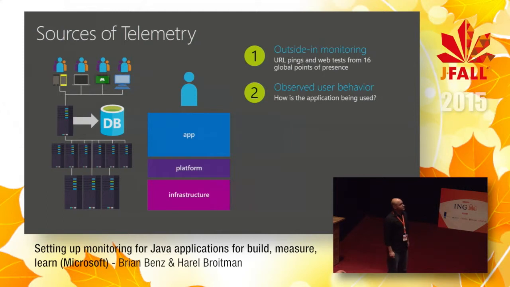The other thing is observed user behavior, so understanding how your application is being used: how many users you have over time, how many new users you're attracting, how you're retaining your existing customers, what pages they're viewing, what actions they're doing, how often they come to your site.